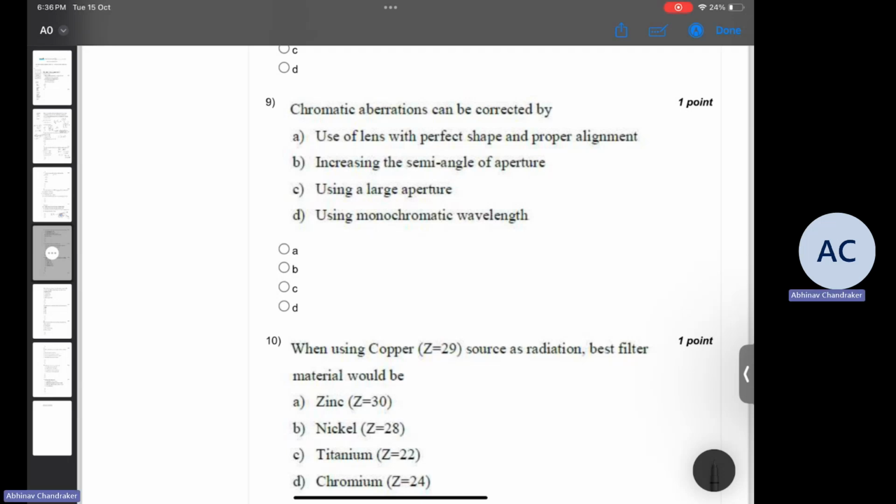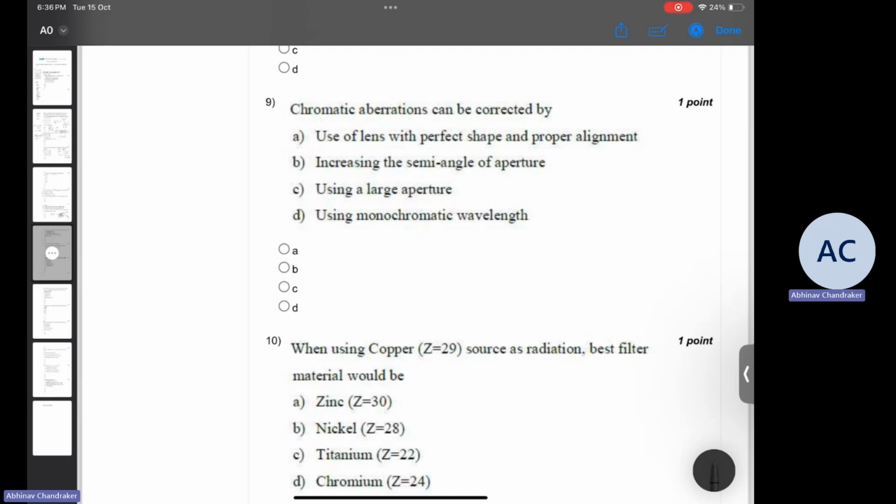Okay, let's continue with the questions. The ninth question is, chromatic aberrations can be corrected by. We know chromatic aberration occurs because the beam that is incident on the lenses is made of multiple wavelengths. It's not made up of a single wavelength.